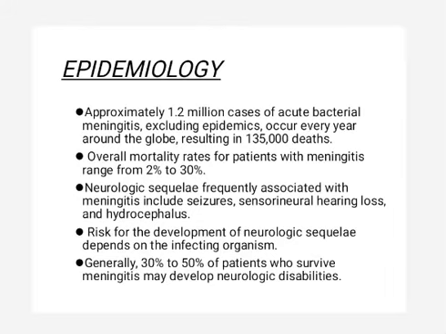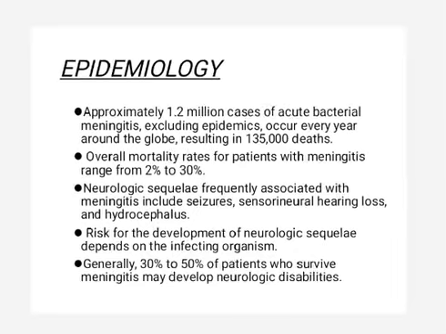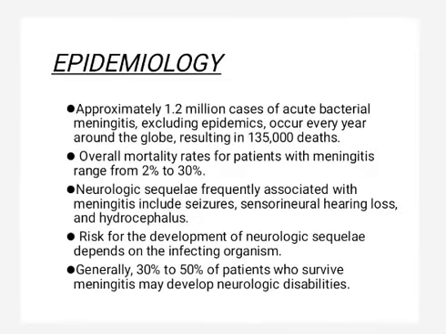Okay. Now coming to the epidemiology. Approximately 1.2 million cases of acute bacterial meningitis occur every year around the globe, and it results in the deaths of 135,000 persons. Okay. So the overall mortality rate for patients with meningitis ranges from 2 to 30%.